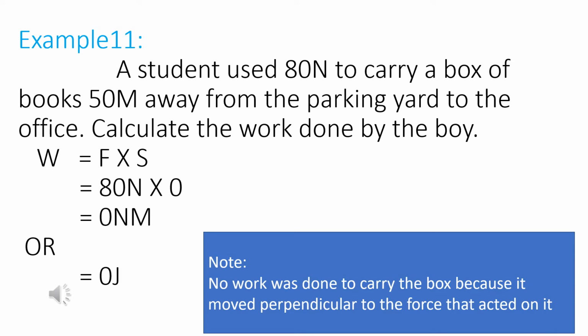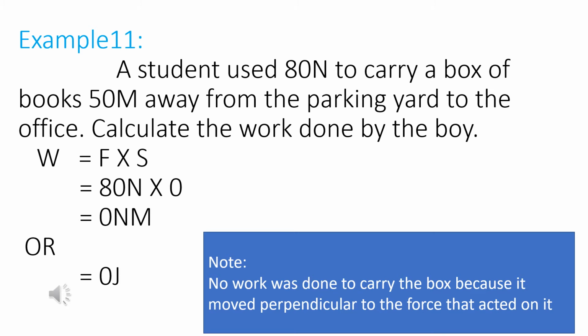And when a number is multiplied by 0, the product is 0. So our answer becomes 0, meaning no work was done. No work was done to carry the box because it moved perpendicular to the force that acted on it. He carried it himself. Therefore, no work was done.